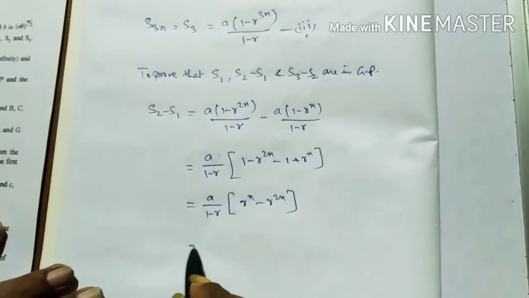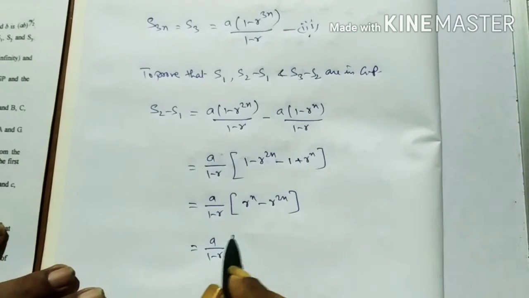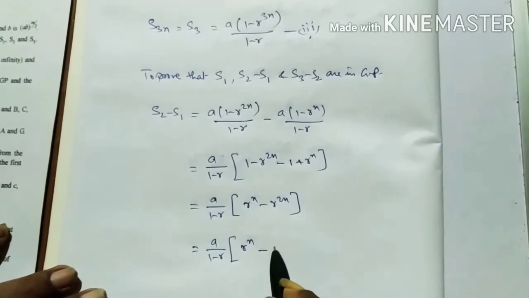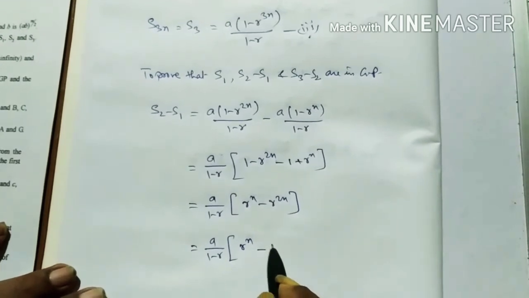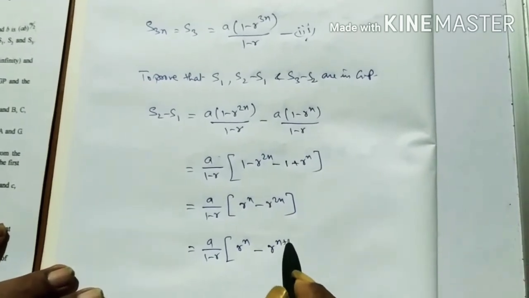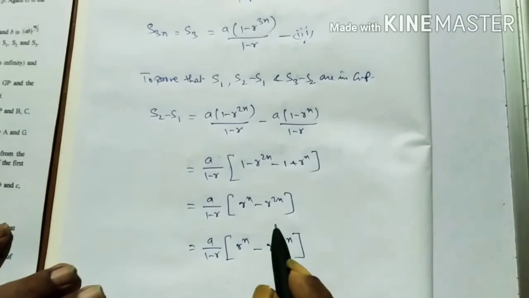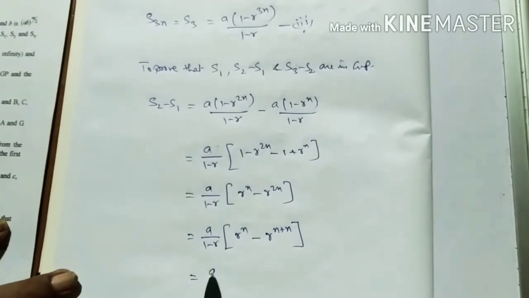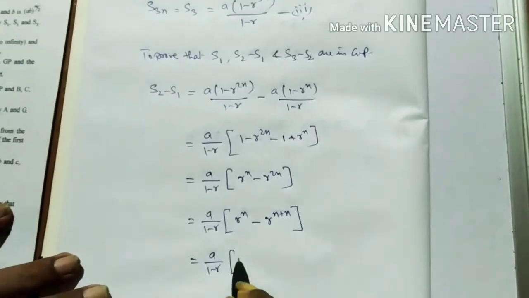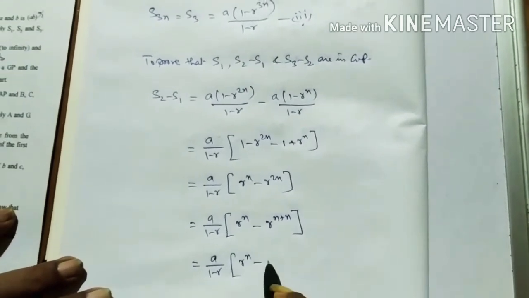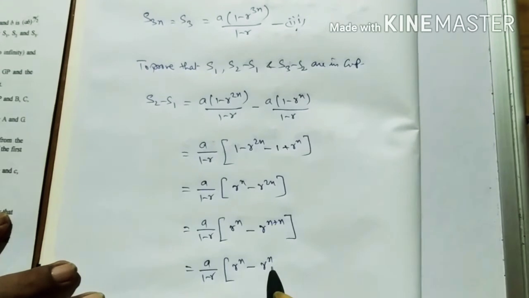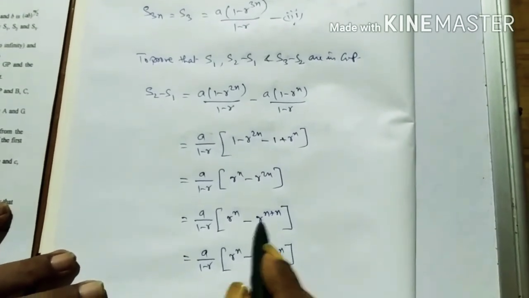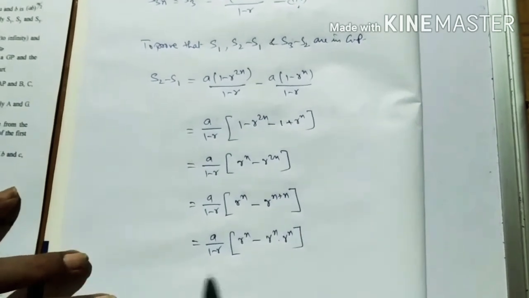So now again A by 1 minus r, this is r to the power of n, and here 2n means n plus n. So applying the indices law, r to the power of n into r to the power of n, same base, the powers get added, n plus n is 2n.